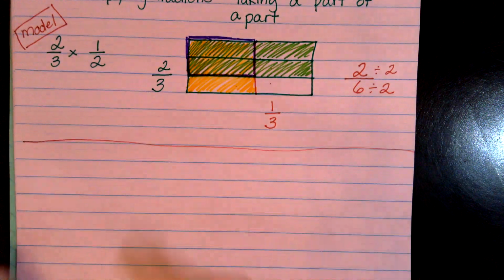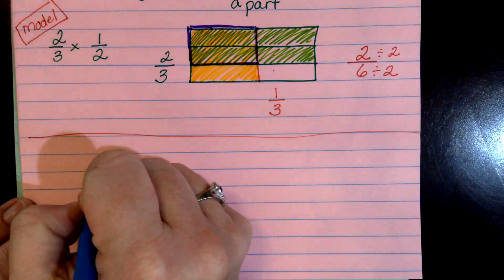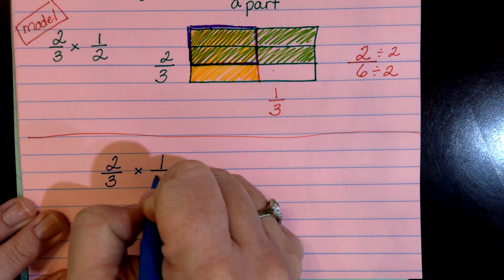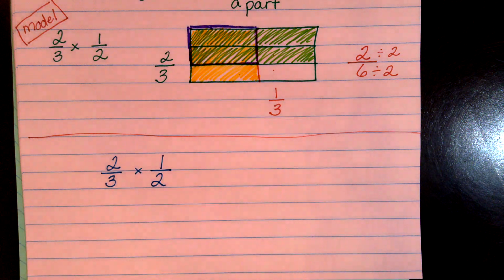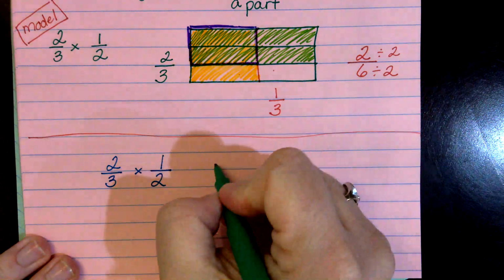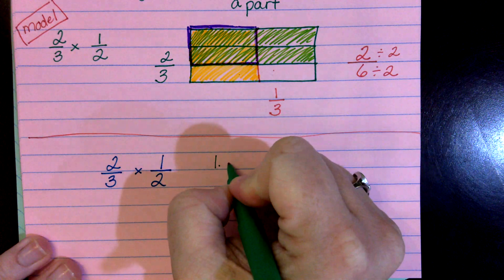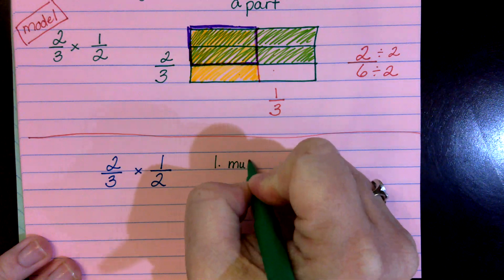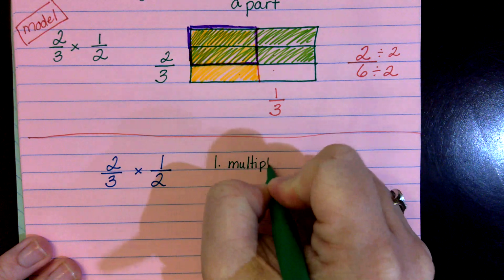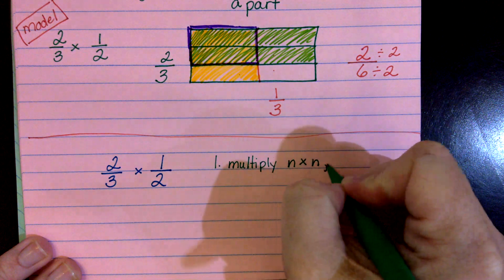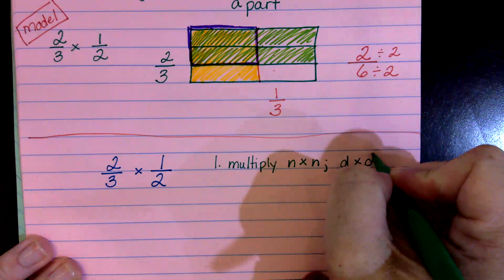So let's look at 2/3 times 1/2. Now I told you before, step 1 is going to be to multiply numerator by numerator and denominator times denominator.